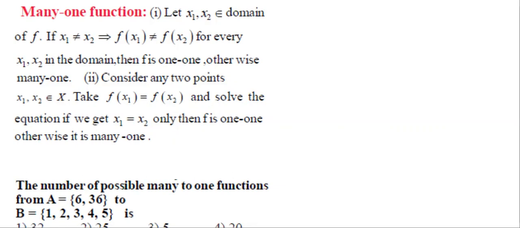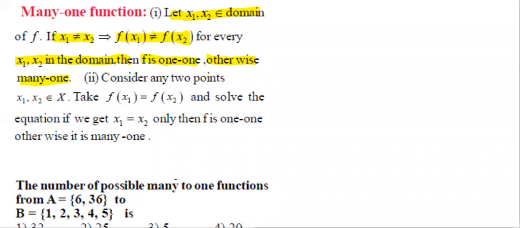Already you know that x1, x2 belong to the domain. If x1 is not equal to x2, then f(x1) is not equal to f(x2), for every x1, x2 in the domain, then f is one-one. If this condition is satisfied, we say that it is one-one. Otherwise, it is many-one. Have you understood, students?